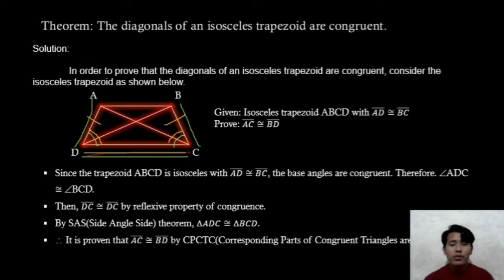Therefore, it's proven that line segment AC is congruent with line segment BD by CPCTC. That is, corresponding parts of congruent triangles are congruent.